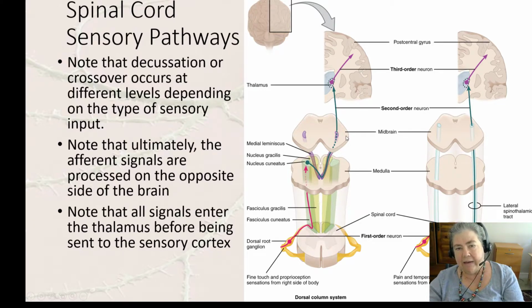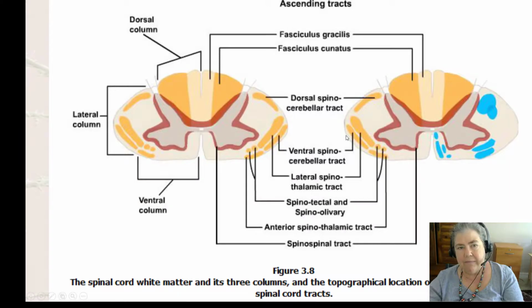So here are a whole bunch of different ascending tracts. The fasciculi gracilis and cuneatus are in the dorsal columns, so they're posterior. And the spinothalamic tracts are largely lateral.